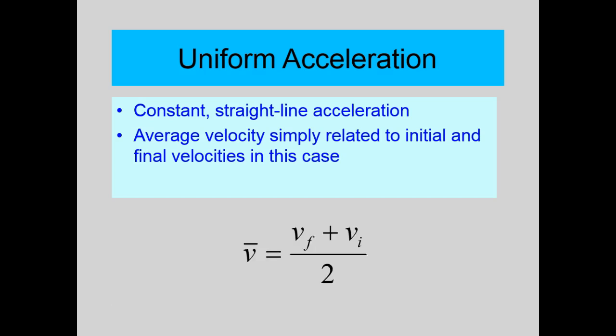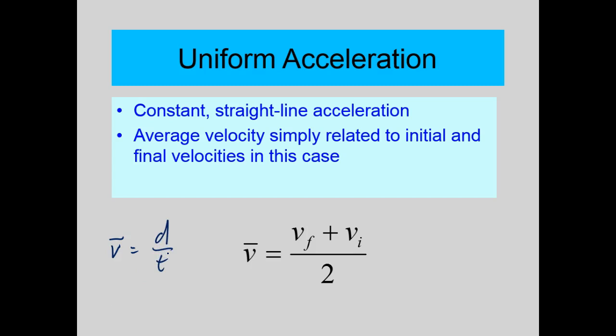So there, our average velocity is going to be the final velocity plus the initial velocity divided by 2. Now earlier we had another equation for that. Does anyone remember what it was? Average speed is distance over time.